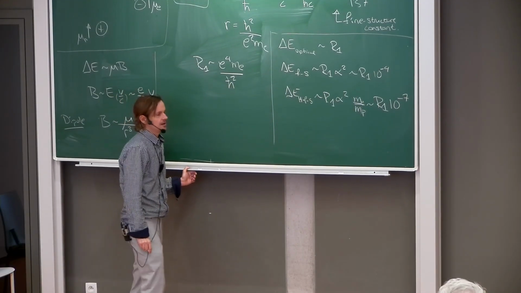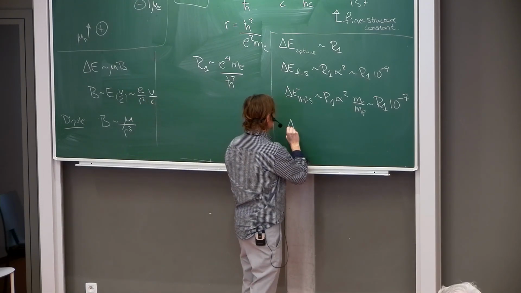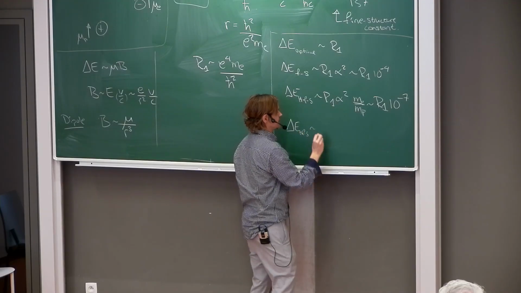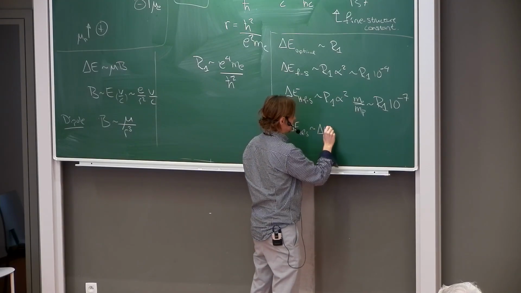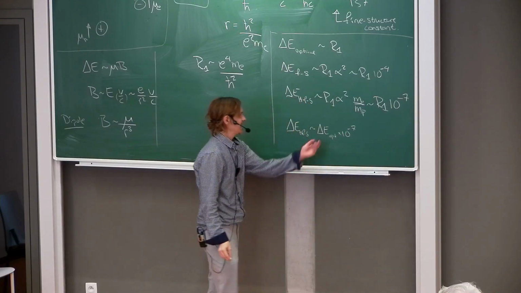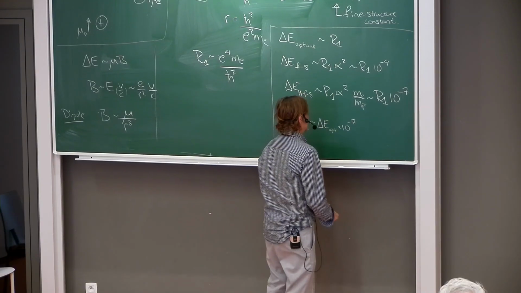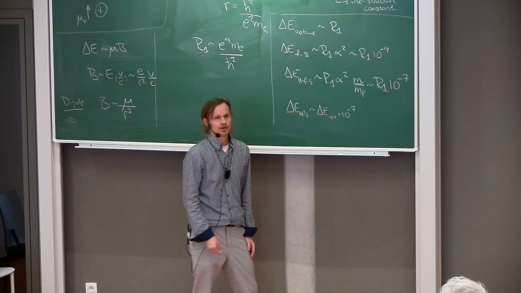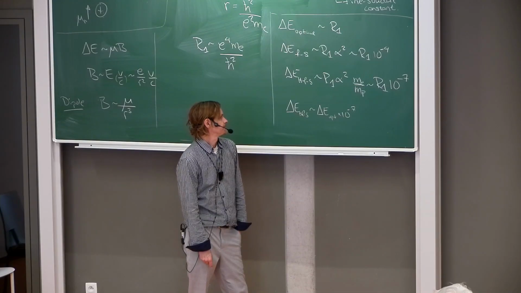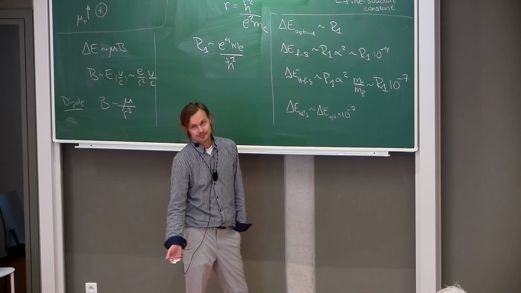Okay? So if we now take, for example, delta E of the hyperfine structure, it is going to be roughly delta E optical times 10 to the minus 7. And for the delta E optical, we had that it's on the order of 10 electron volts, that's Lyman alpha.